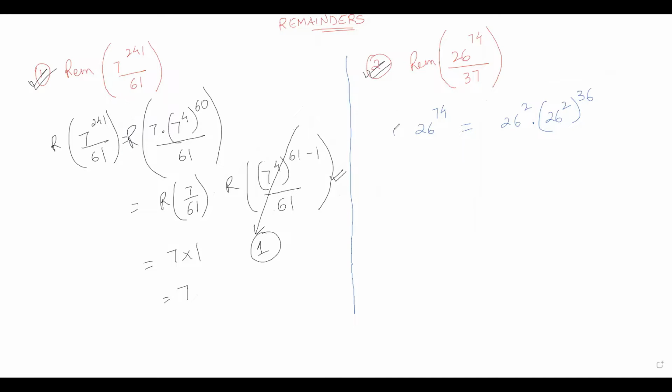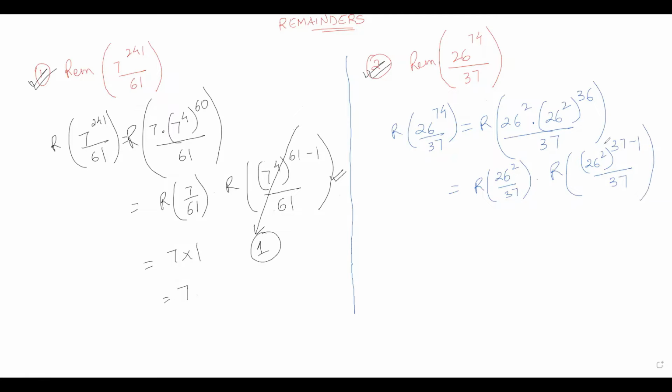Now the remainder of this when divided by 37 would be the same as the remainder of this when divided by 37. So this can be written as the remainder of 26 square divided by 37 times the remainder of 26 square to the power 37 minus 1 upon 37.